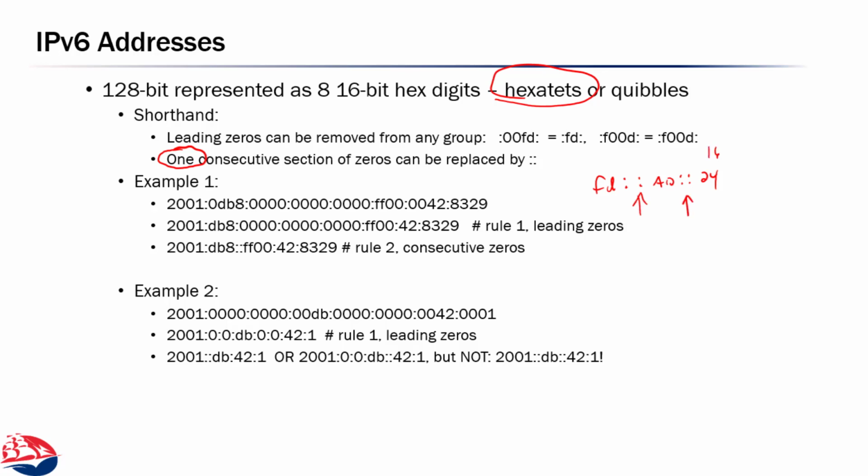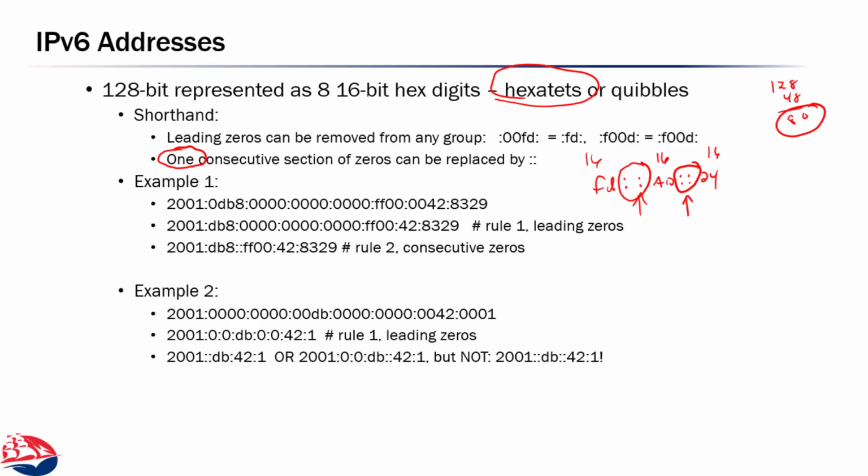This is a 16-bit value, this is a 16-bit value, and that's a 16-bit value. So I have 48 bits, and if I subtract that, I have 80 bits left. And so I could have any combination of bits that wind up adding up to 80 in those zeros, and they would be completely different numbers.